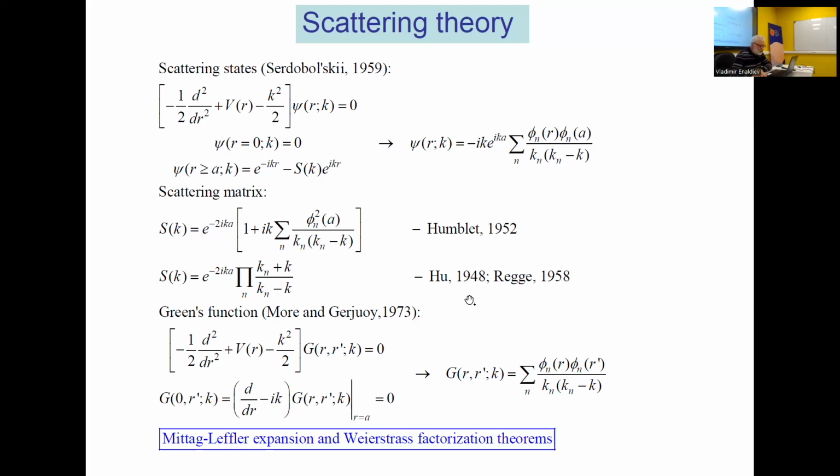But there is another much more interesting expression for this S of k obtained by Hu, and then another approach by Regge. That Regge, whose name we know from Regge poles in scattering theory. This representation for the scattering matrix requires only Siegert eigenvalues.